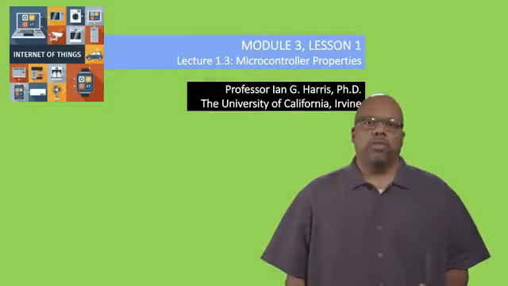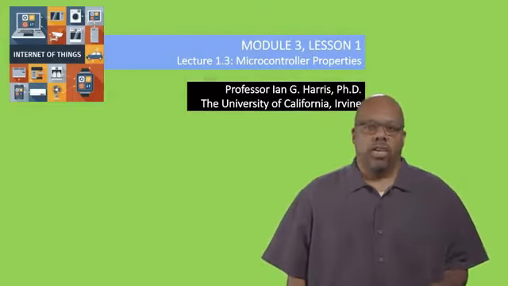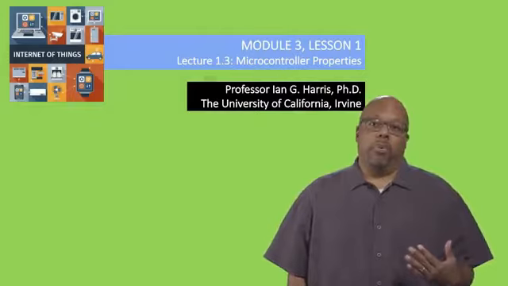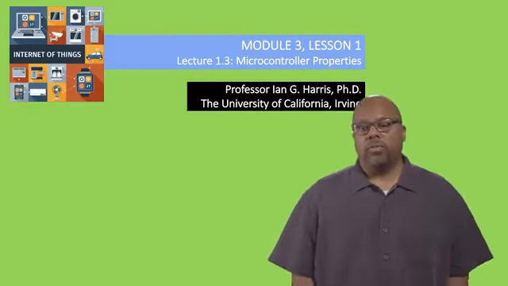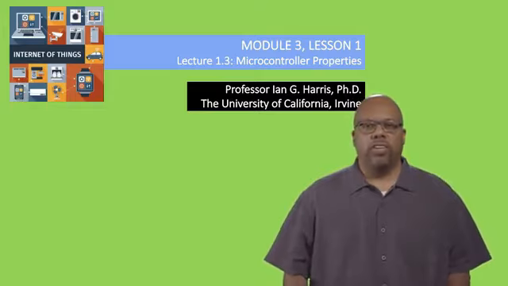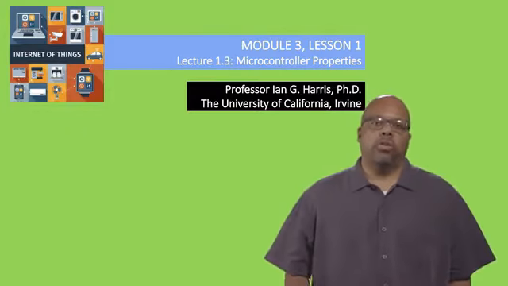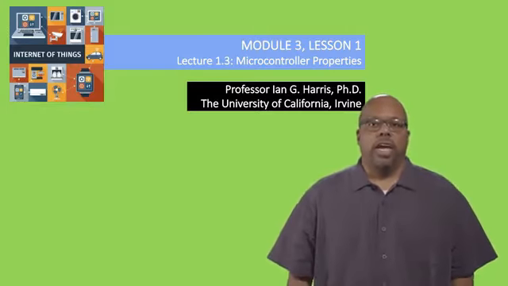So we're going to talk about microcontroller characteristics right now, the different characteristics of microcontrollers. The reason this is important for making IoT systems is that one of the early decisions about how to implement the system is going to be which microcontroller you should use.